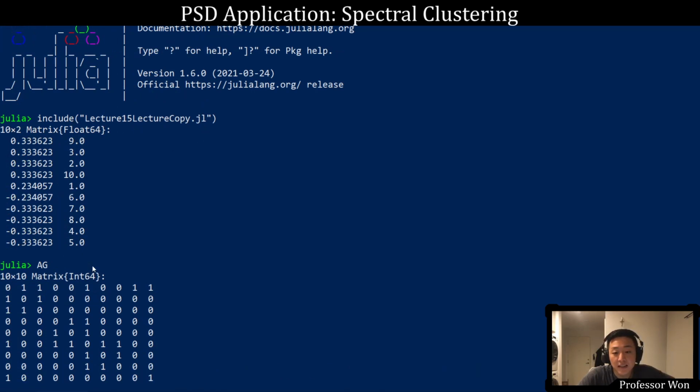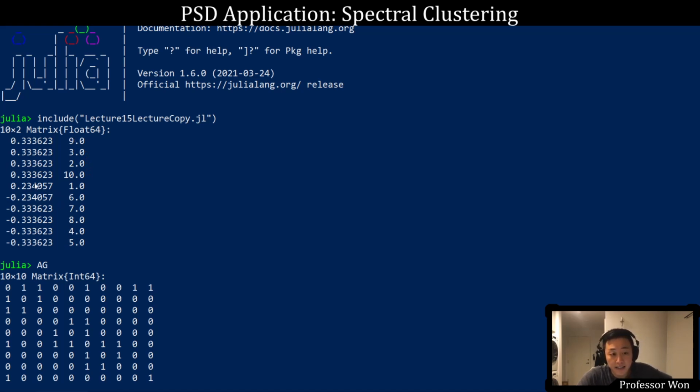I've just written a brief snippet of Julia code to spit out the reordered Fiedler vector. As you can see, there are several 0.33s at the top, then a 0.23, a negative 0.23, and several negative 0.23s at the bottom. So this is the ordering of the eigenvalue labels going from the largest entry of the Fiedler vector to the smallest.